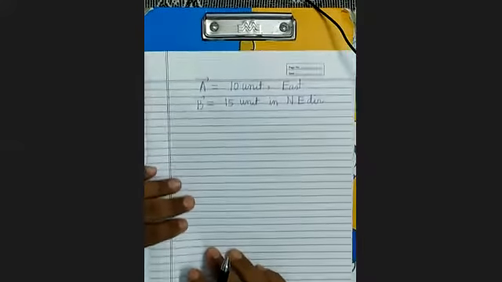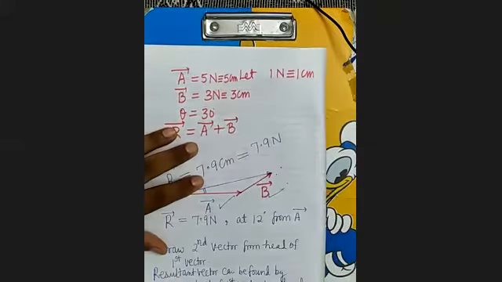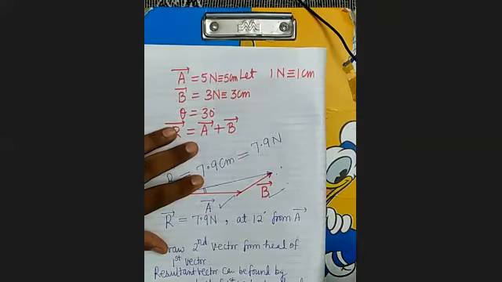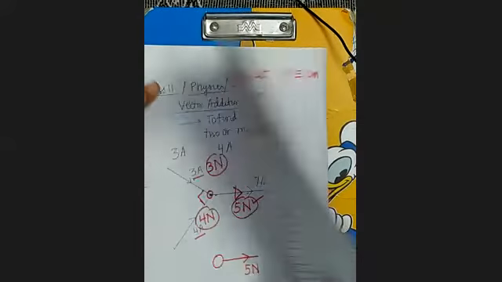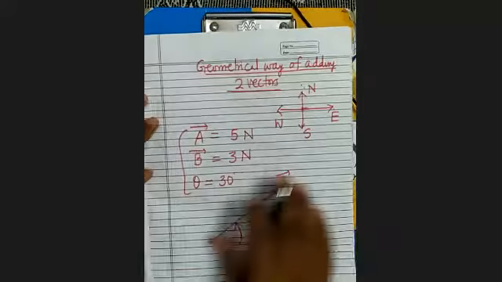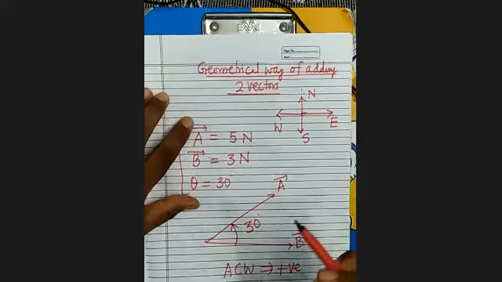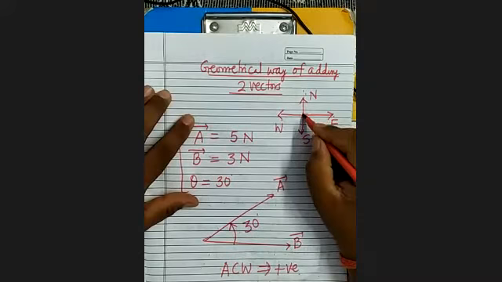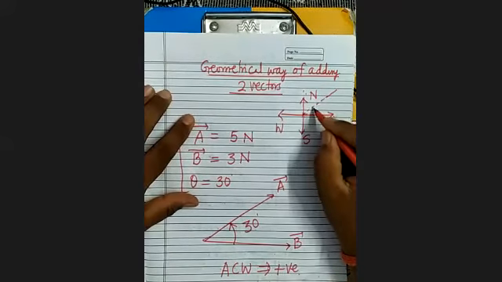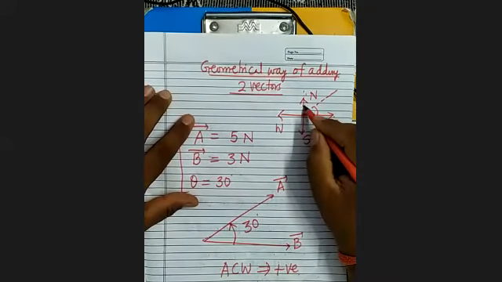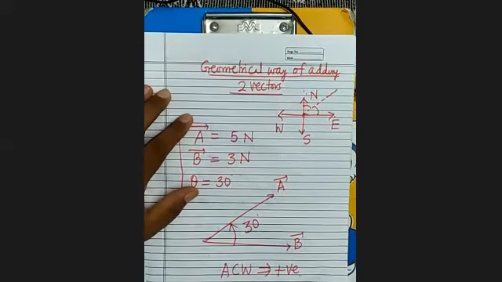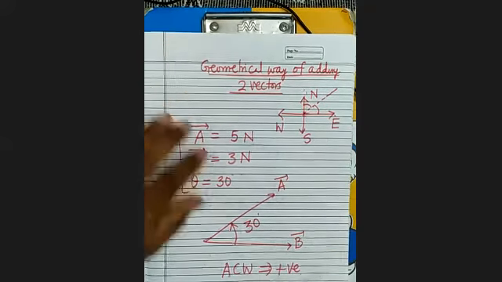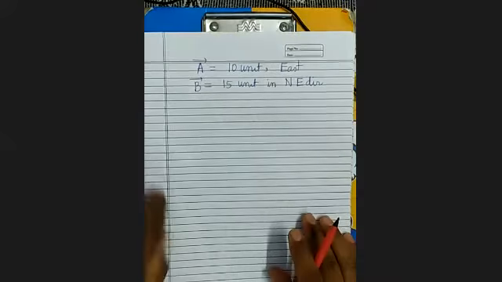Northeast direction means exactly midway between north and east. Exactly midway between north and east means making 45-degree angle from here as well as from here. From both it is making 45-degree angle.